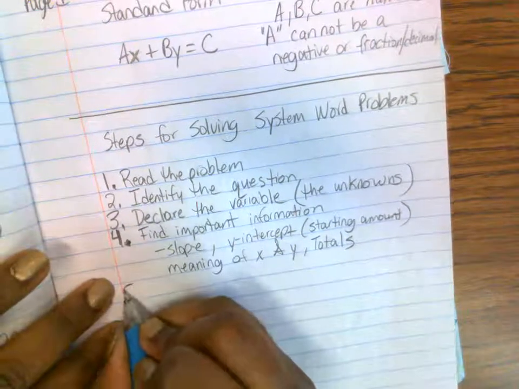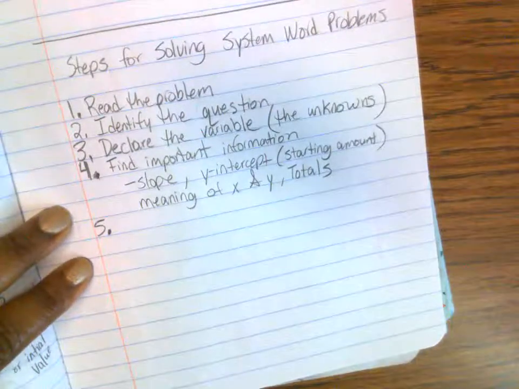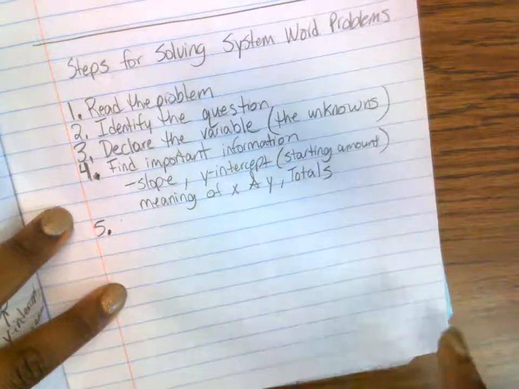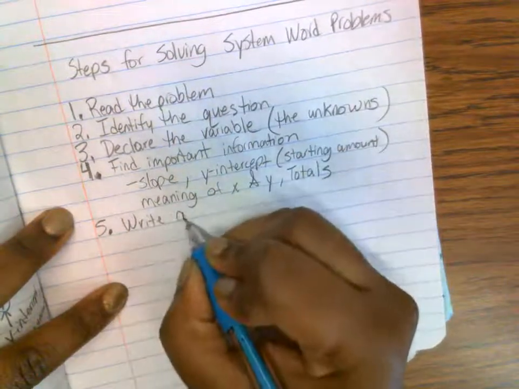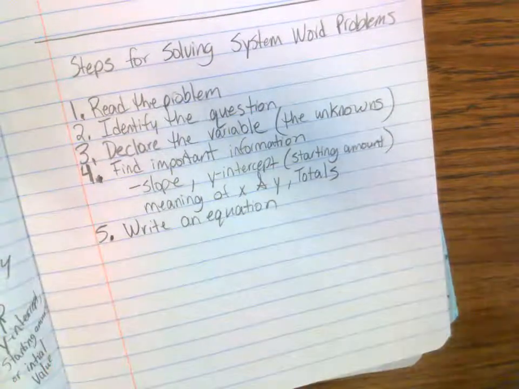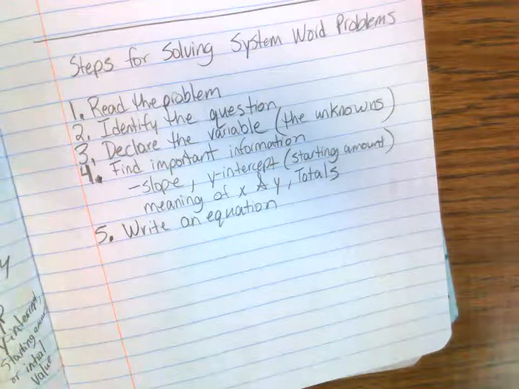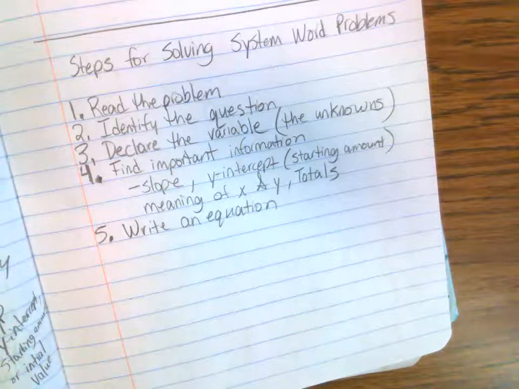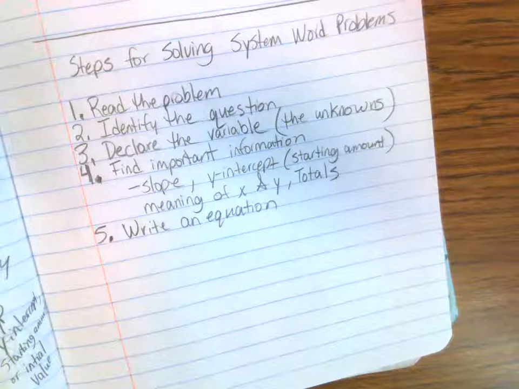Number 5, you're going to write the equation. From all this information that you now have, you can then use that information to write an equation. The equation that you're going to write is either going to be written in slope-intercept form or standard form, possibly. Okay, those are the two ways that we're going to be writing equations when we're doing these problems.